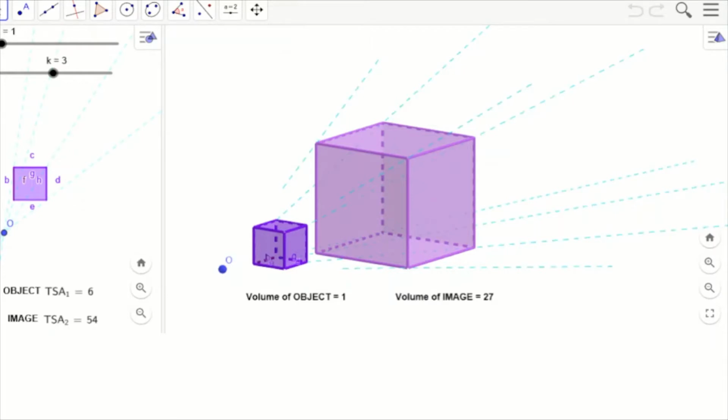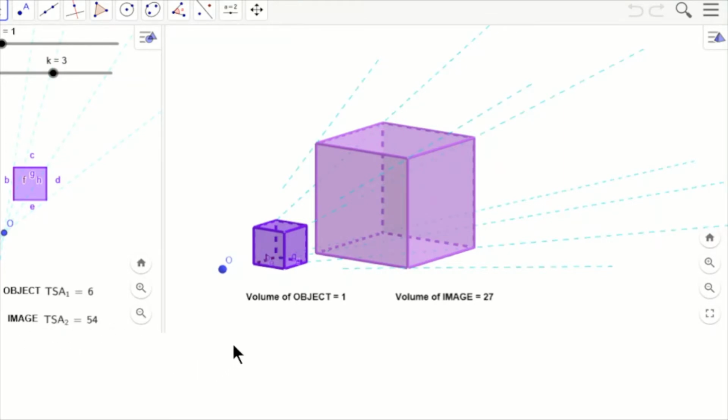We have a cube, which is the object, and then a bigger cube, which is the image. And for the object and image, we have sliders that will be adjusted, and for each adjustment we'll be able to record the total surface area of the object as well as the total surface area of the image.